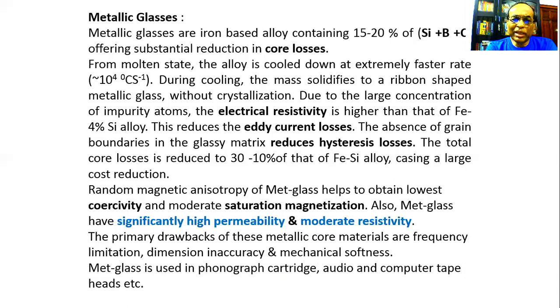Random magnetic anisotropy of metglass helps to obtain the lowest coercivity, because this magnetic anisotropy is very much random in the metglass. And moderate saturation magnetization. Also, metglass has significantly high permeability and moderate resistivity.